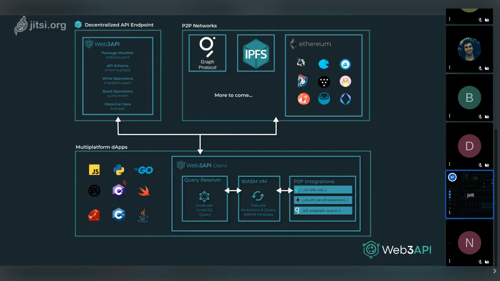So let's say we're writing an application in Python, you would have a Web3 API client in Python. Now, how do these two things mix? We have WebAssembly up here doing a bunch of protocol logic, sending transactions and things like that, and then we have a Python client down here that's parsing queries for the app. How does it bridge?